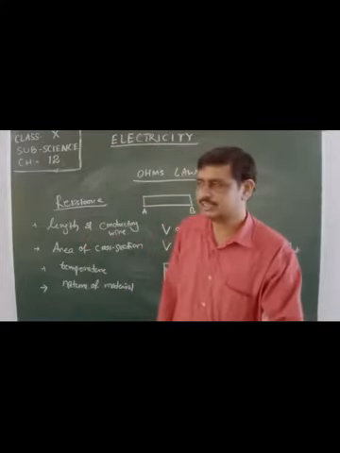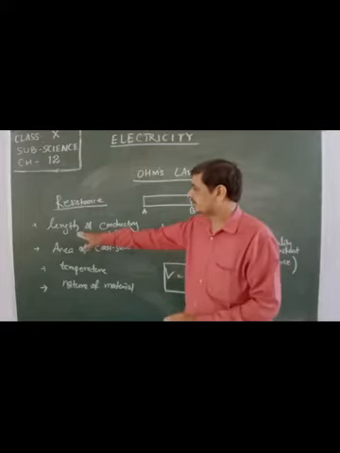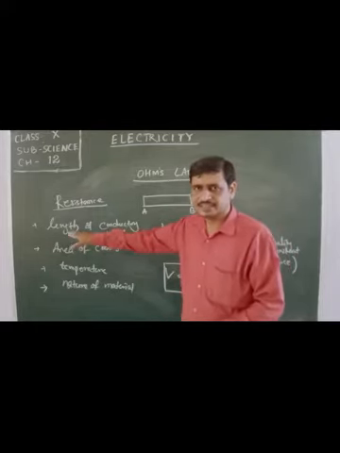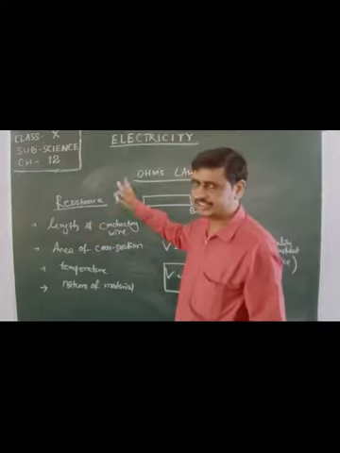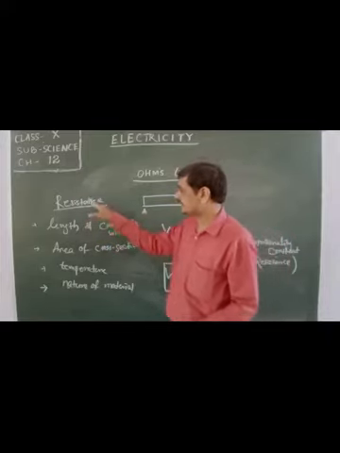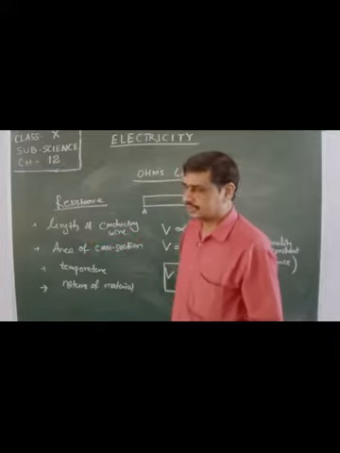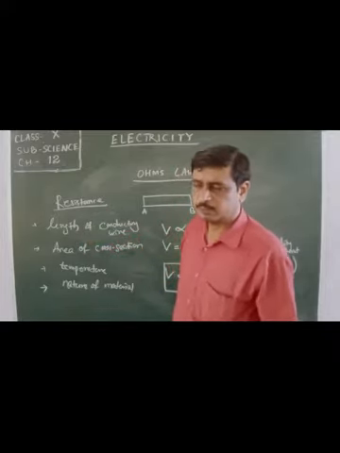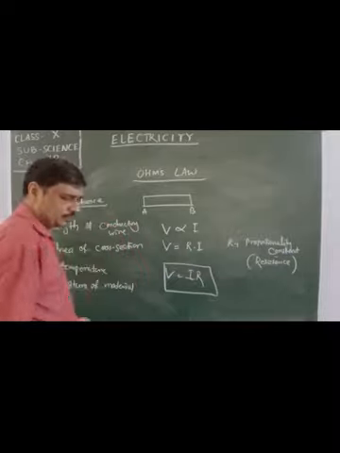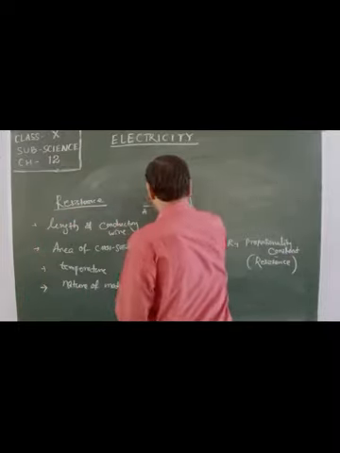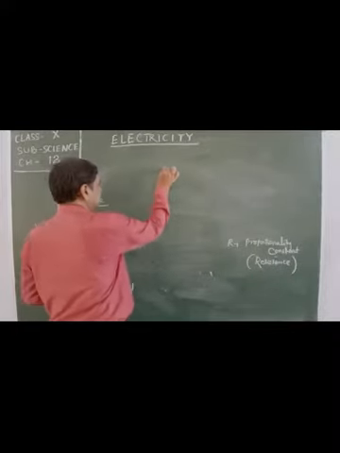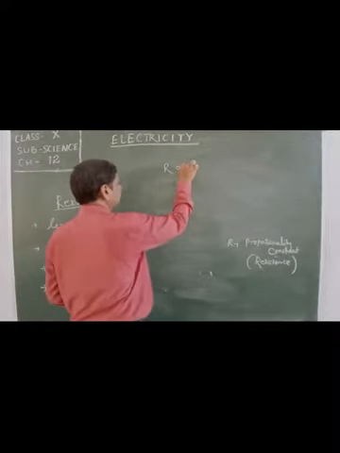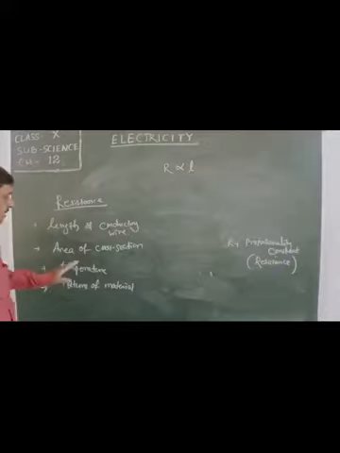It reduces the electric energy, and we say the resistance is more. If length increases, resistance will increase. If length decreases, resistance will decrease. Resistance and length are directly proportional to each other.